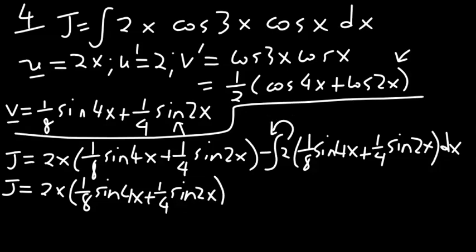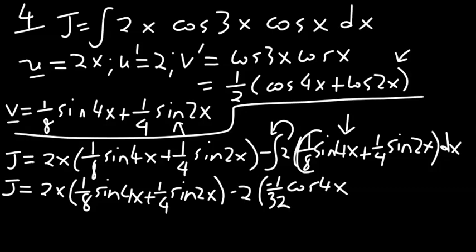Let's take the 2 out of the integral sign, so it's minus 2. When you integrate sine 4x with respect to x, you get minus 1 over 4 cosine 4x. Multiply that 1 over 4 with 1 over 8, you get 1 over 32 cosine 4x. Don't forget the minus.